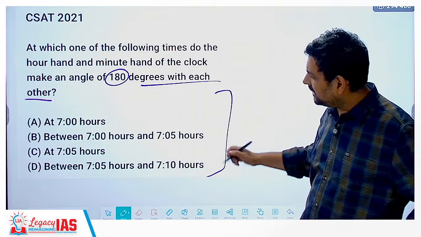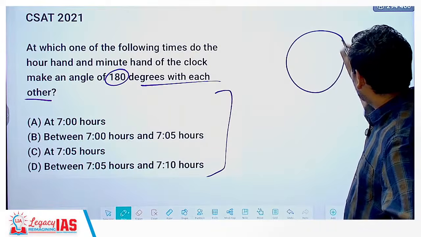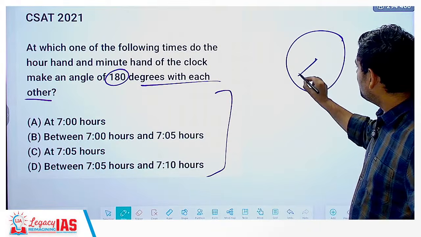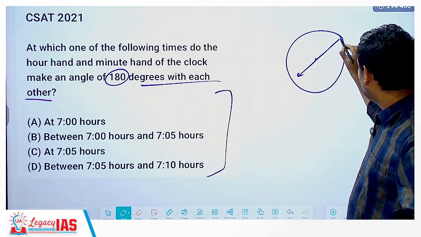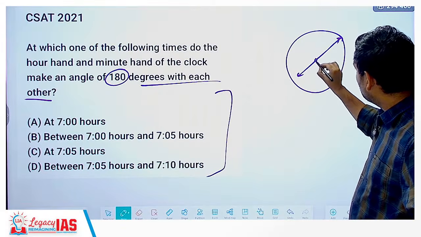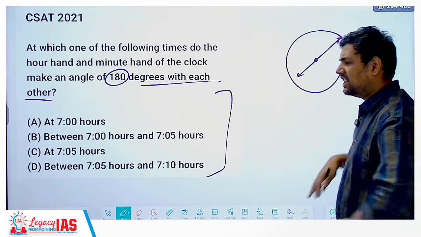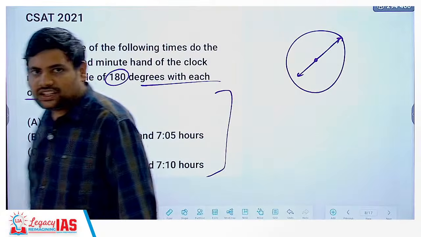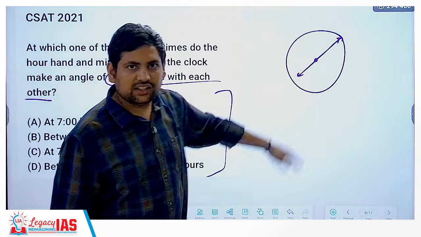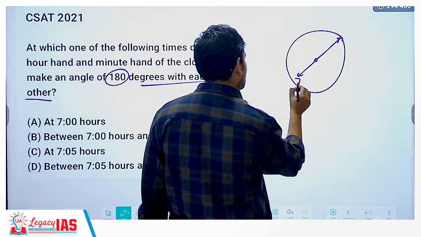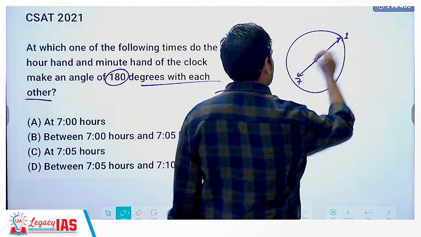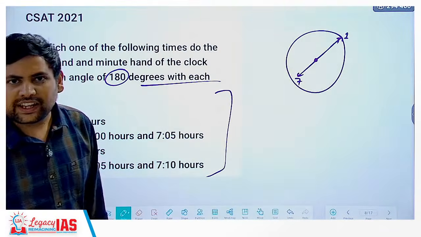Okay, so 180 degrees you have to make. Now, if you observe, if this is 7, if you just consider it to be a straight line like this, then you might feel that the answer is 7:05. But that is wrong. Why is that wrong?